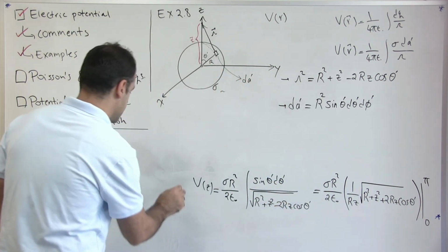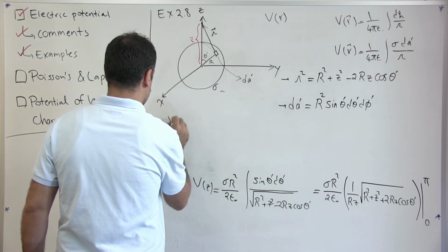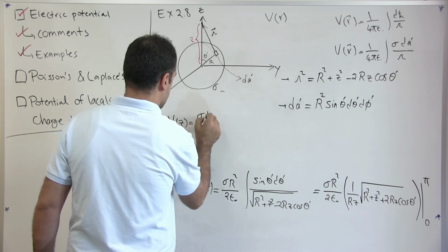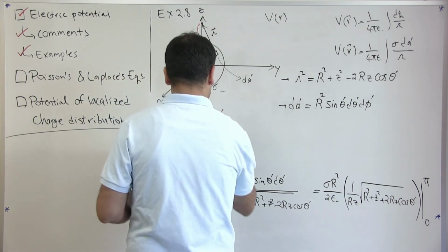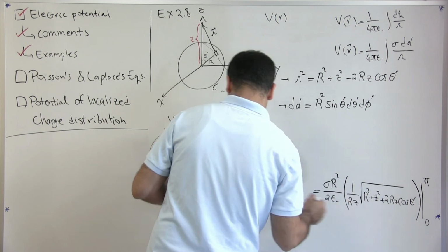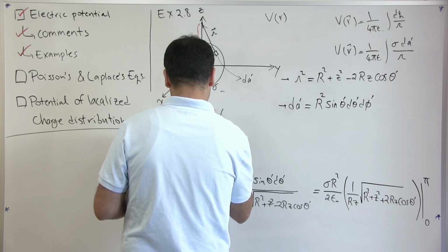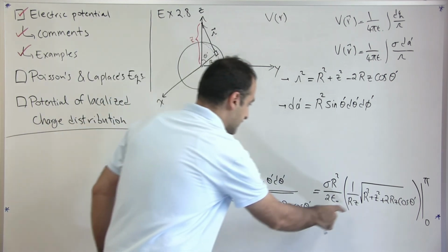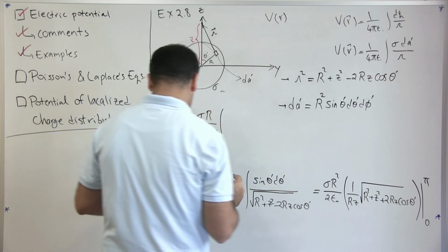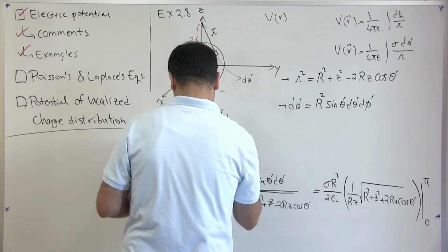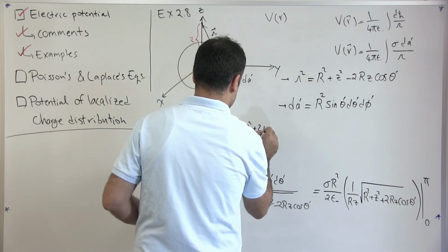Okay, so continuing all the way up here, I can write V of z equal to sigma r squared over 2 epsilon 0, parentheses. The first term at pi gives me, okay, I have r and z here. I can take that out. That means I can get rid of this and add one z here. The square root of r squared plus z squared plus 2rz.